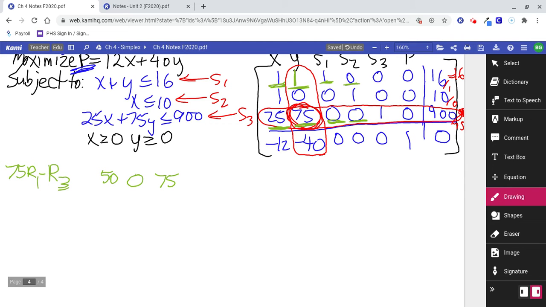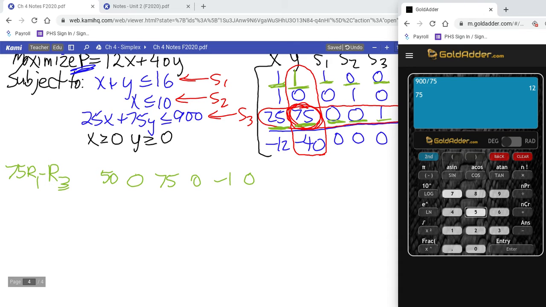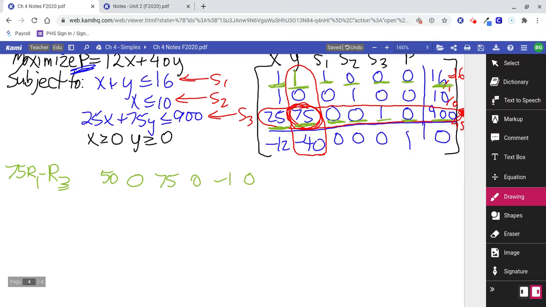Then 0. Then negative 1. Then 0. And for the right side, 75 times 16 minus 900 is 300.